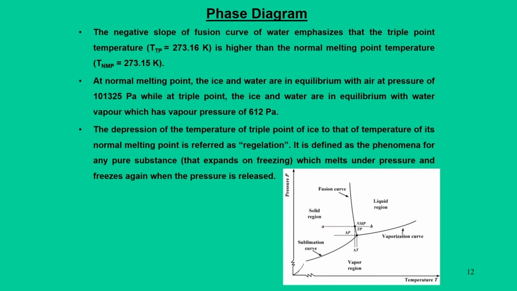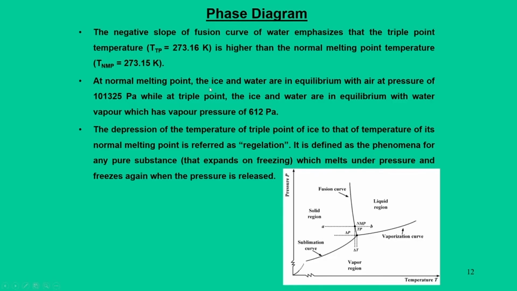So, ultimately the conclusion that we derive from our analysis of the phase diagram is that the negative slope of the fusion curve of water emphasizes that the triple point of water, which is 273.16 Kelvin, is higher than the normal melting temperature, that is 273.15 Kelvin.